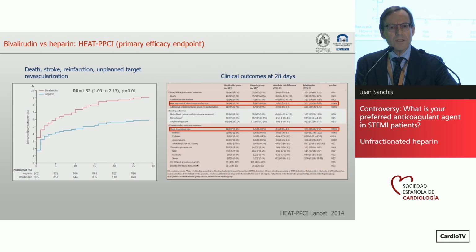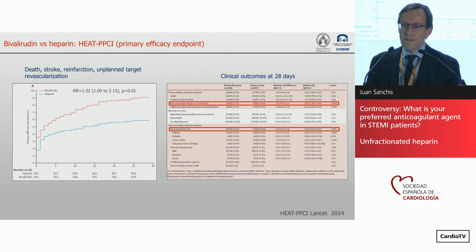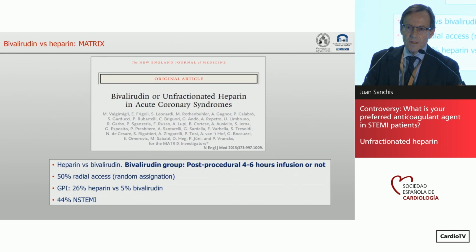The results of this trial raised the hypothesis that a prolongation of bivalirudin infusion could avoid this excess of stent thrombosis. This hypothesis was tested in the MATRIX trial, which compared bivalirudin with heparin in acute coronary syndrome, but in addition, in the bivalirudin arm, patients were randomized to a prolongation of the infusion or not at the end of the procedure.